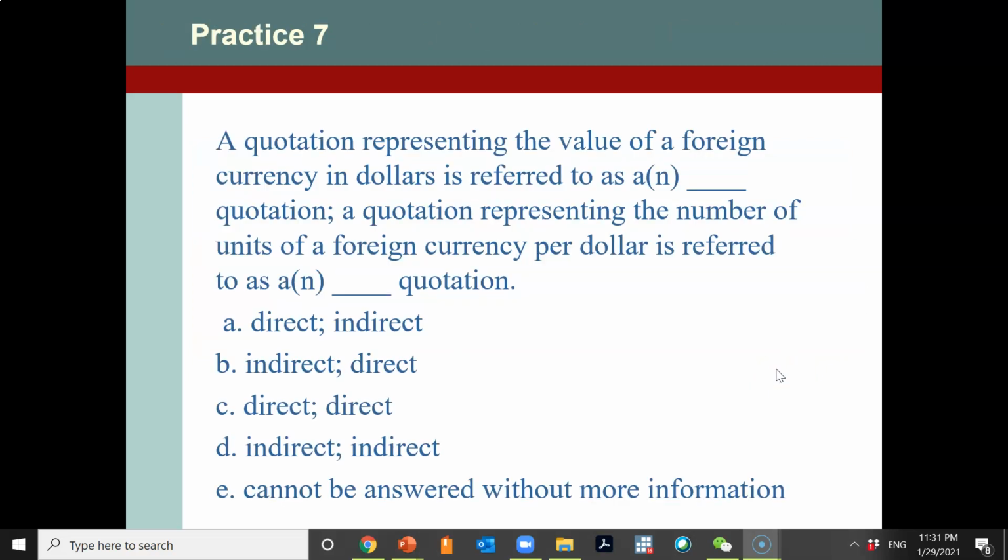Question. A quotation representing the value of a foreign currency in dollars is referred to as what quotation? And a quotation representing the number of units of a foreign currency per dollar is referred to as what quotation? Think about it. Let me know which one you want to choose.